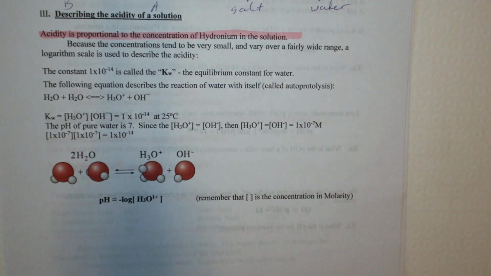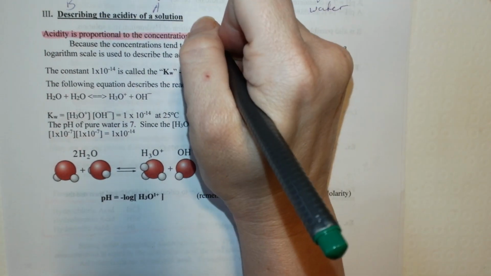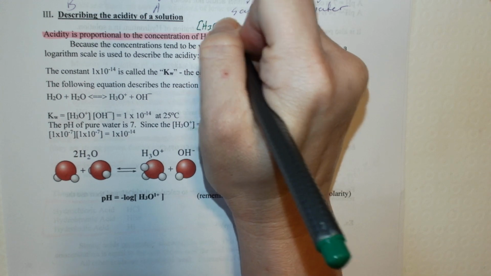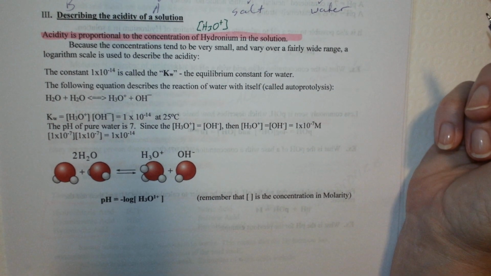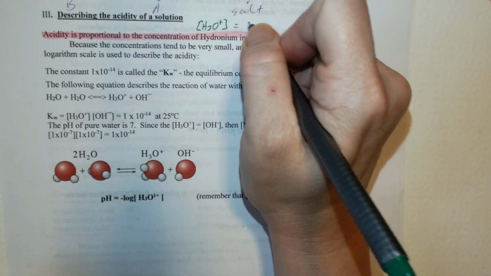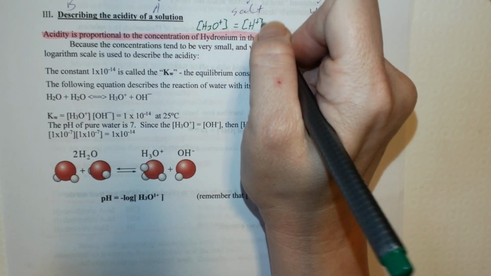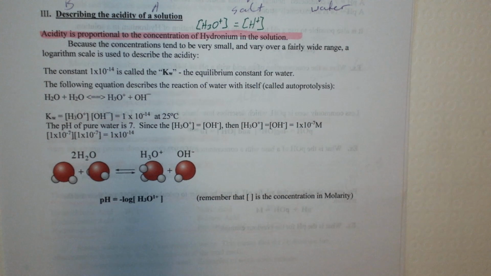Hydronium really is H3O plus, but a lot of times in literature and on worksheets, we like to call it H plus, because really it's just water with an extra hydrogen. So either one, it just has an extra proton.